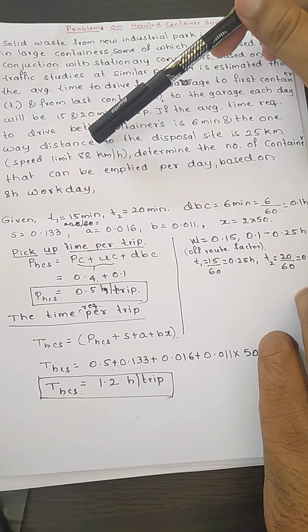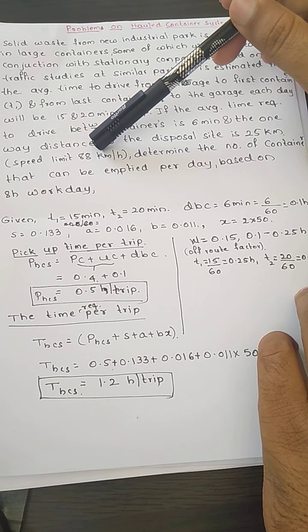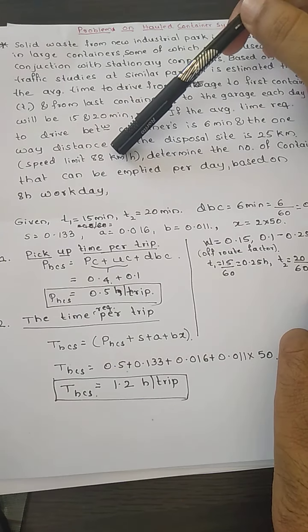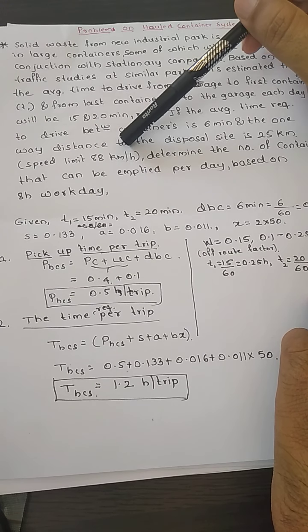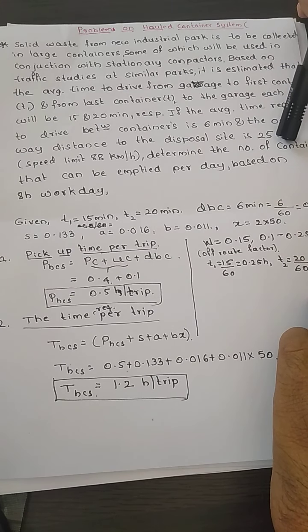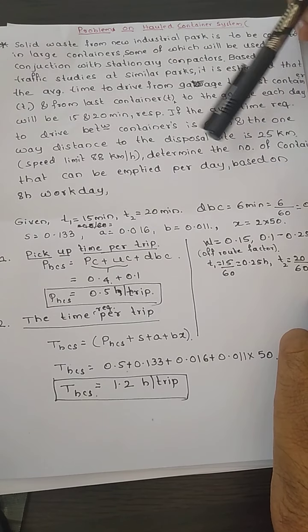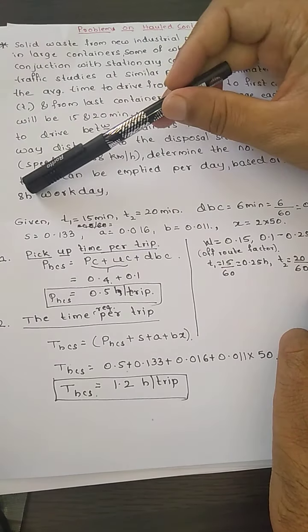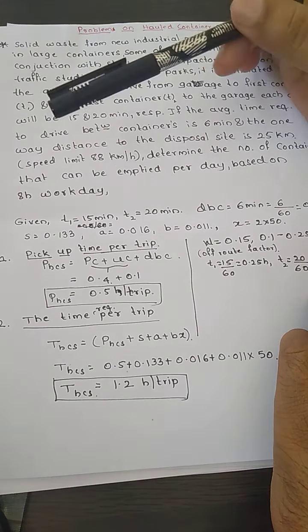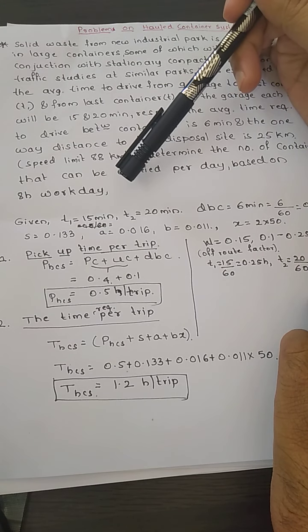Speed limit is given. So according to the speed limit, we need to have that a and b value. From those constants we will take the a and b values. Determine the number of containers that can be emptied per day based on an 8-hour working day. So 8-hour h they have given. w will normally be the off-route factor, it is 0.15 as I have told.